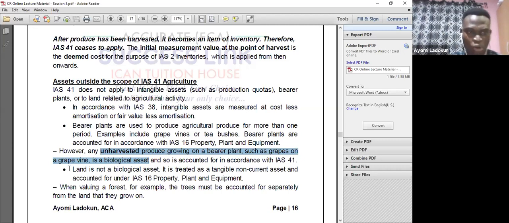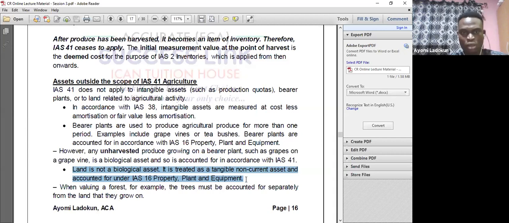Now, land is not a biological asset. You apply IS 16. That's it, because you are using land to do agricultural activity. So when you do your ridges and all the likes, the land itself, you apply IS 16, provided you have control.